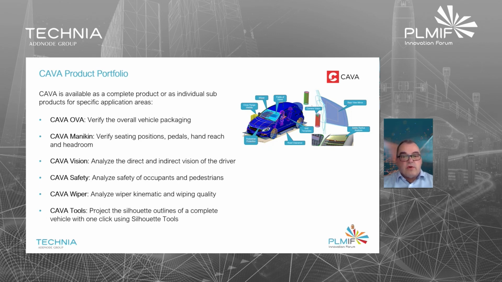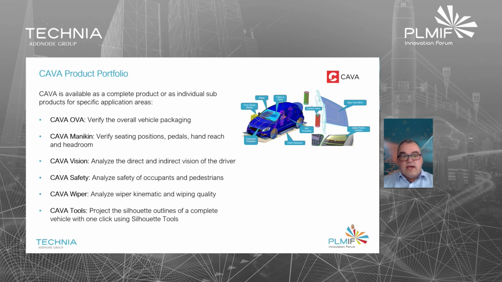You can check the underfloor clearance or the overall vehicle packaging parameters. So you can easily, already in the early design phase, make analyses and get feedback from CAVA if your design or your outline of the vehicle is according to legal requirements.